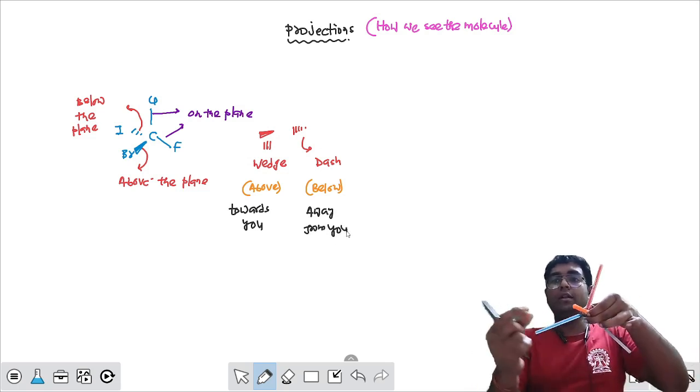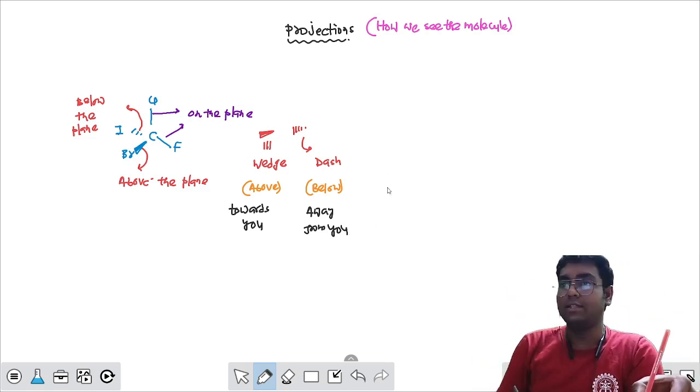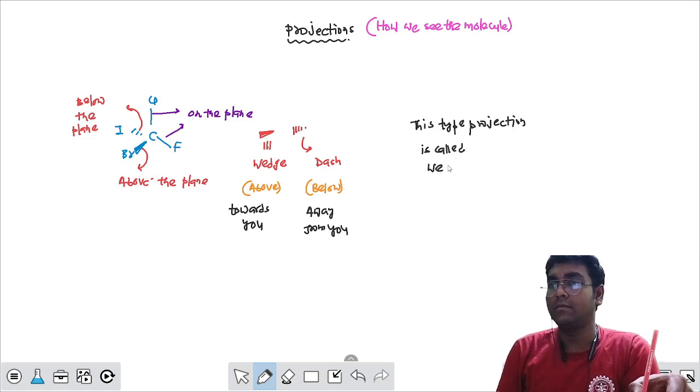And as we are denoting above the plane and below the plane as wedge and dash, this type of projection, I would say, is called wedge dash representation.